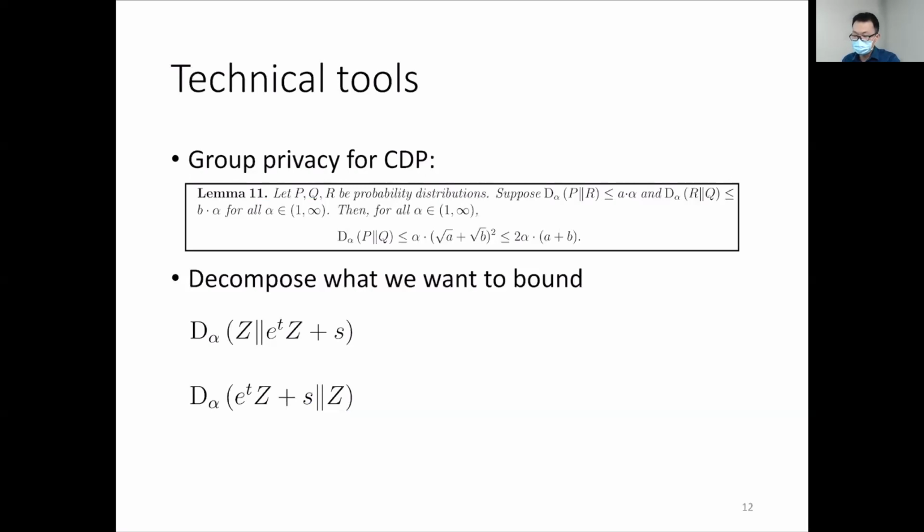So let's read this lemma together. We want to find some probability distribution R that sits in between P and Q, and then use it to upper bound the Rényi divergence of P and Q, right?